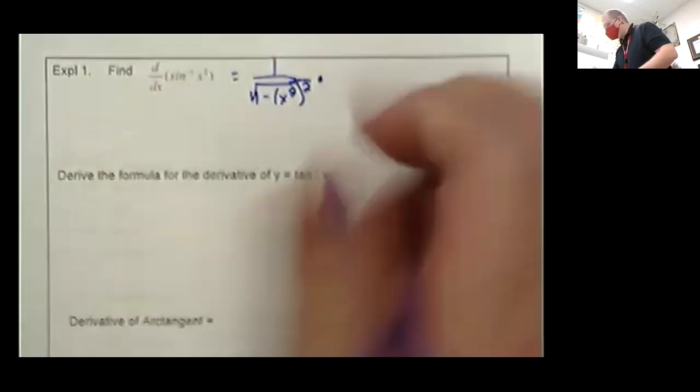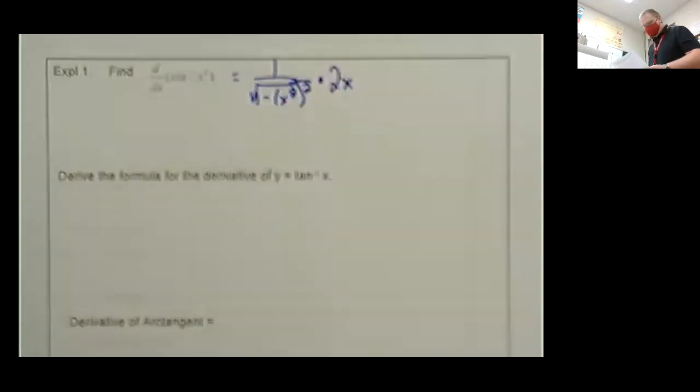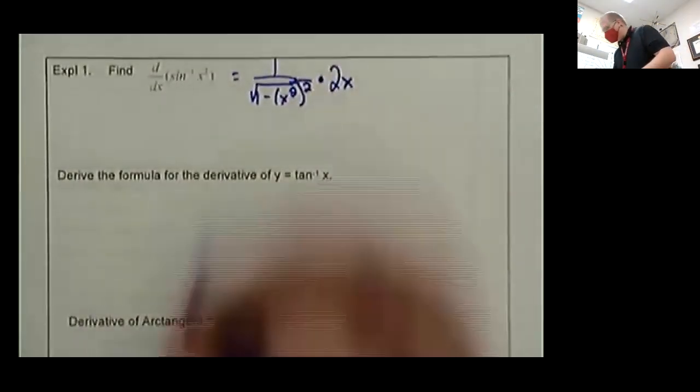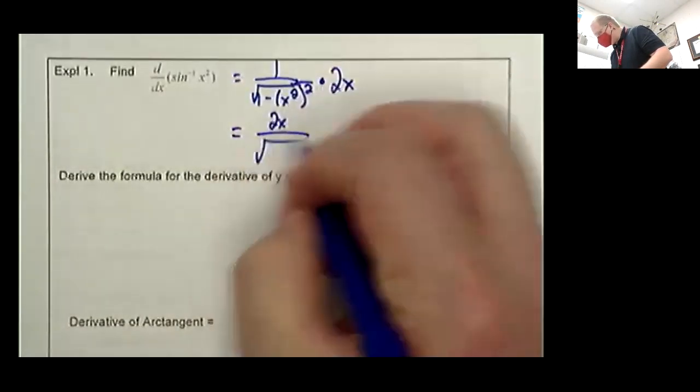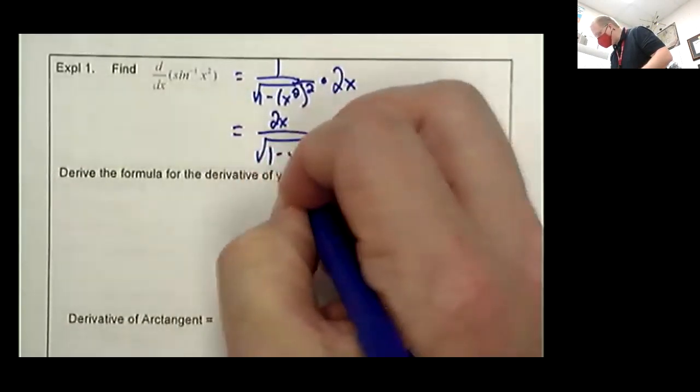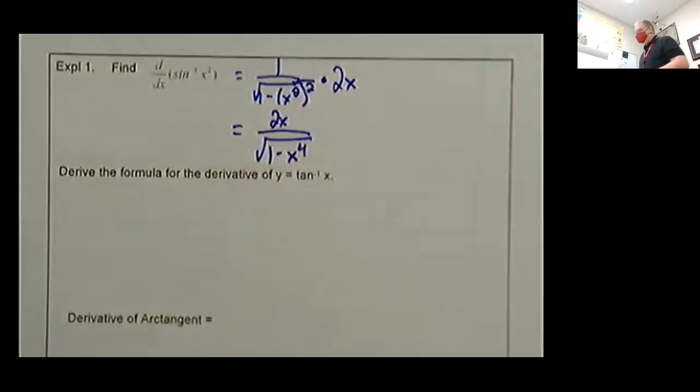That's the derivative of the argument, which is 2x. We want to simplify that. 2x goes to the numerator. We still have the square root in the denominator, and that's 1 minus x to the 4th. So there's the derivative of arc sine of x squared.